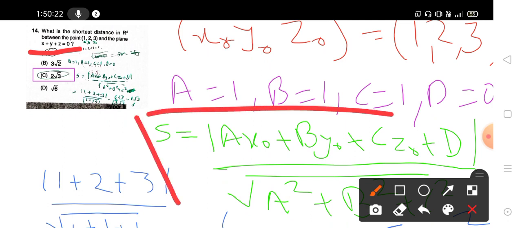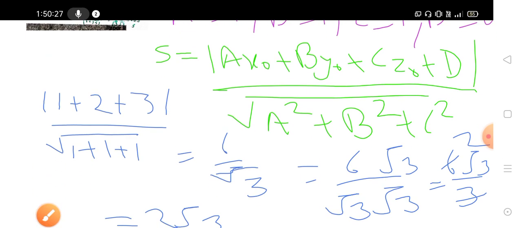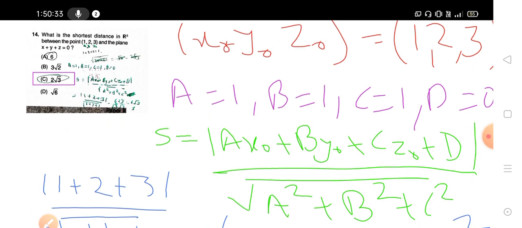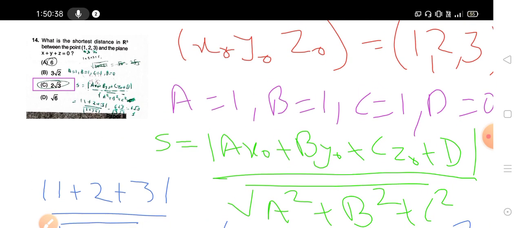This is the standard formula, where a is 1, b is 1, c is 1, and d is 0. The distance is |ax0 plus by0 plus cz0 plus d| upon root of a square plus b square plus c square. Put in the values, where x0, y0, z0 is 1, 2, 3.